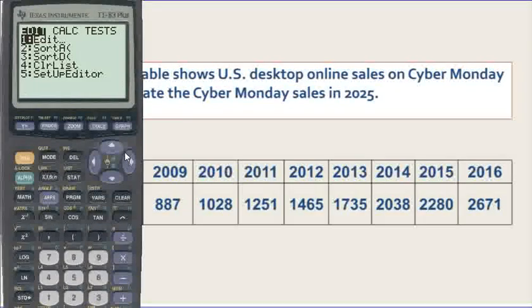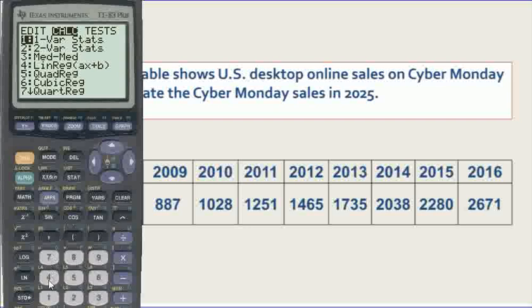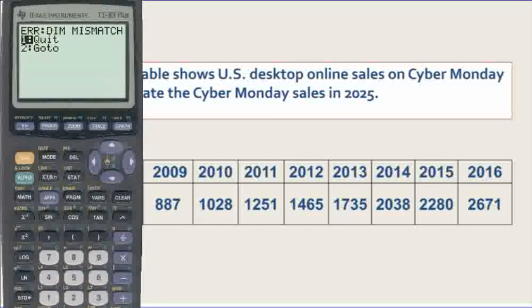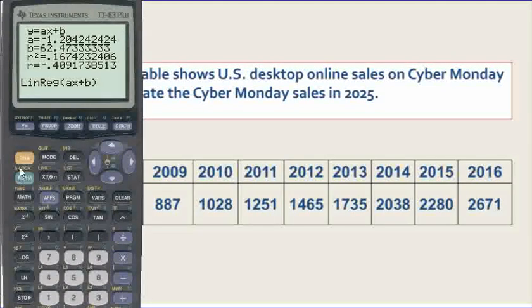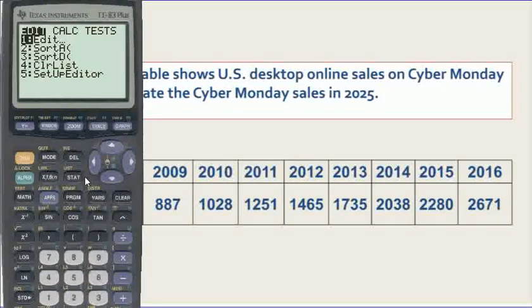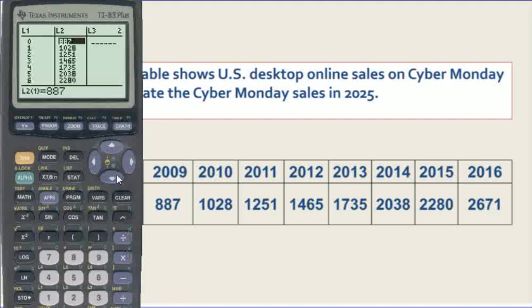Hit stat again, go to calculate, number 4, enter. We have a mismatch, so I need to go back to stat, hit edit. I skipped a number. So we have 0, 1, 2, 3, 4, 5, 6, 7.